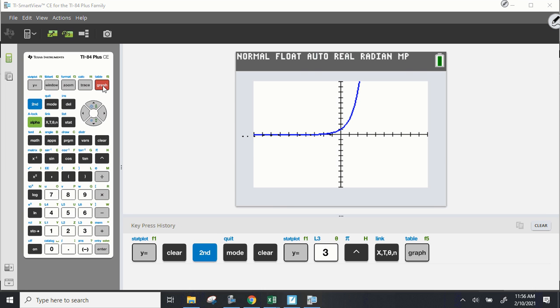This asymptote actually happens to be the x-axis, which is the line y equals 0. So for very, very large negative values of x, our y values will get as close as you can imagine to 0, but will never, ever actually reach 0, right?